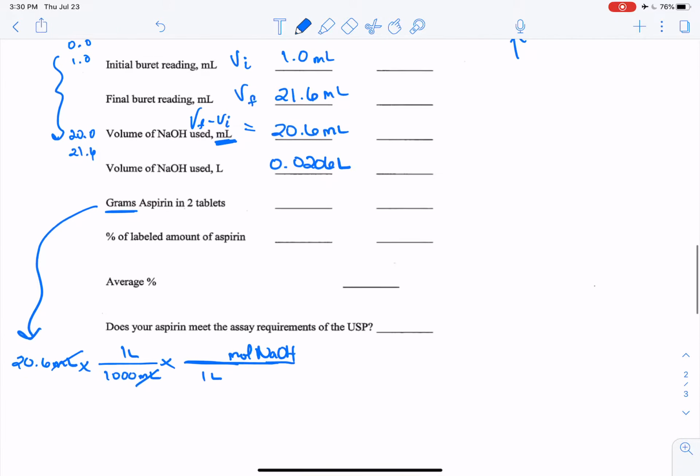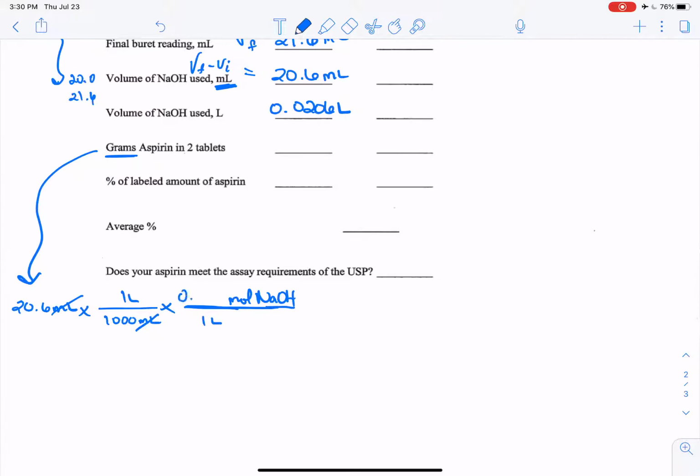We just made that up. Okay, so we cancel out the liters, and now we're in moles of NaOH. And when you're in moles of something, you can go to moles of something else. So we're going to let our units guide us and put moles of NaOH on the bottom here. And we want to get to moles of acetylsalicylic acid.